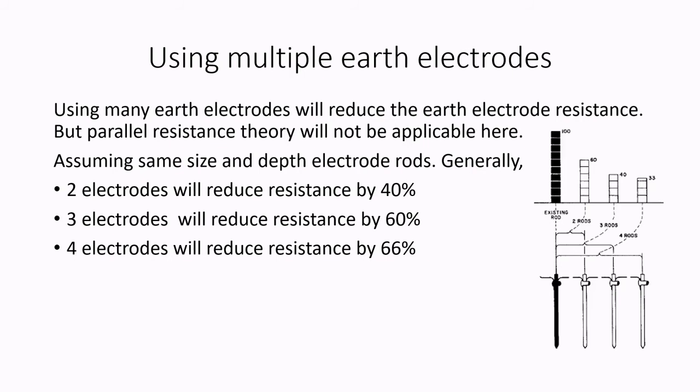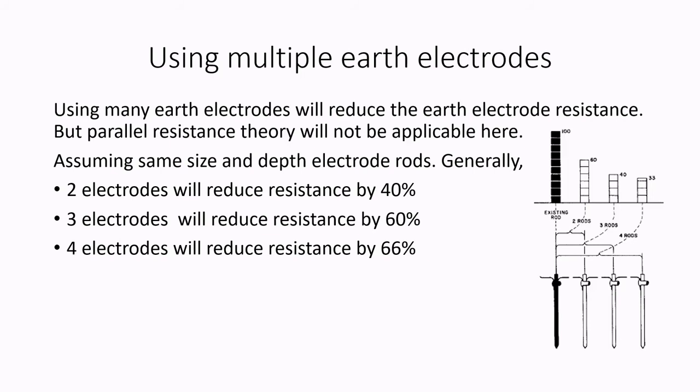In here we have how multiple earth rods will reduce our earth electrode resistance. You know, if you consider resistors, they will give a low resistance value if connected in parallel.